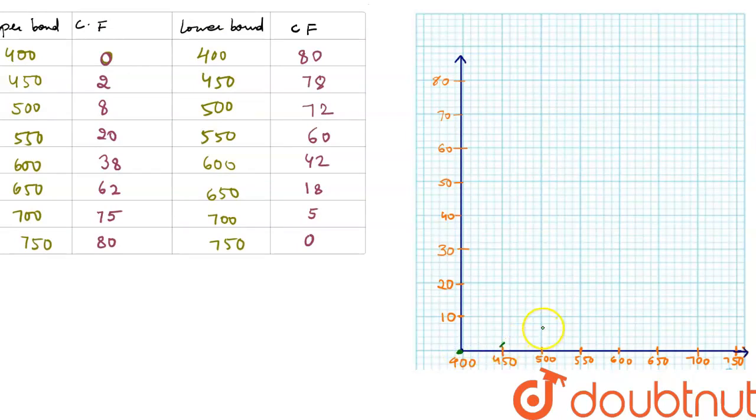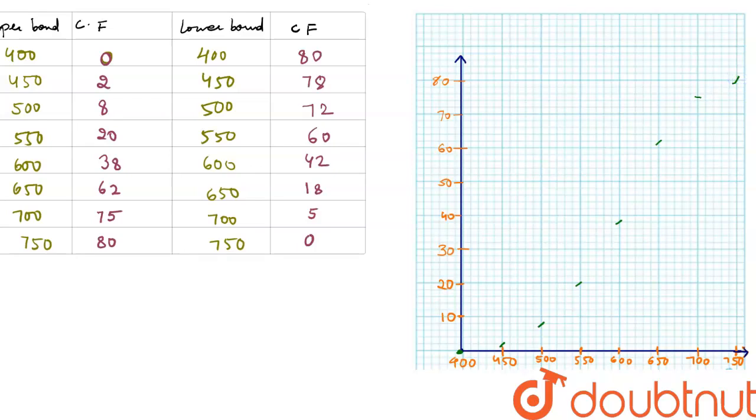At 500 we are at 8, at 550 we are at 20, and at 600 we are at 38. At 650 we are at 62, at 700 we are at 75, and at 750 we are at 80.